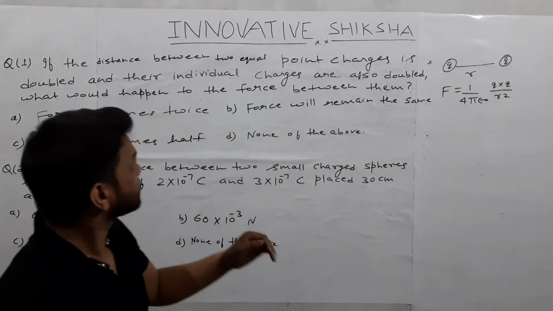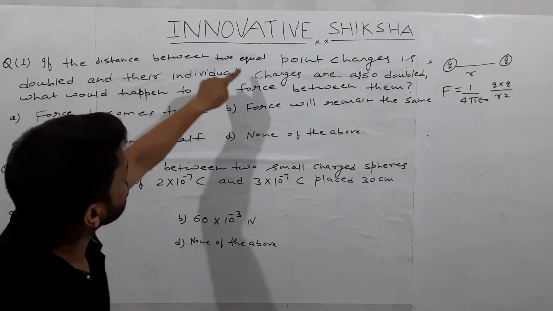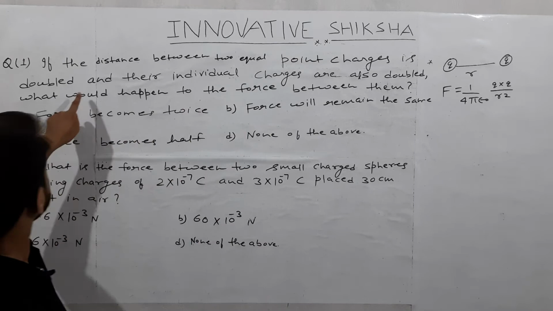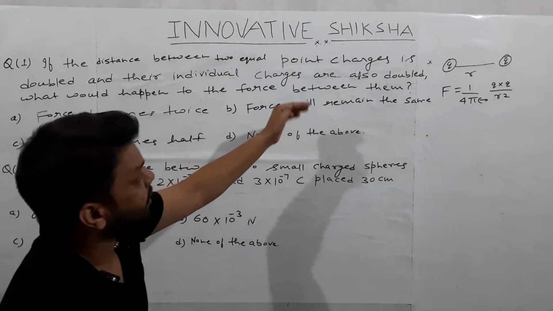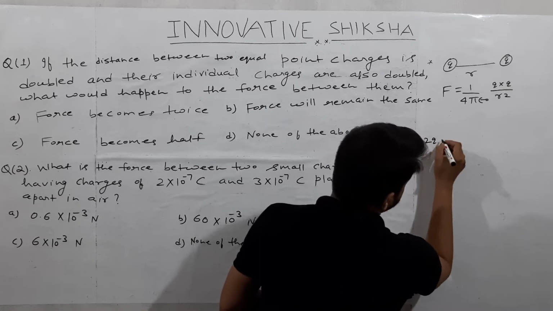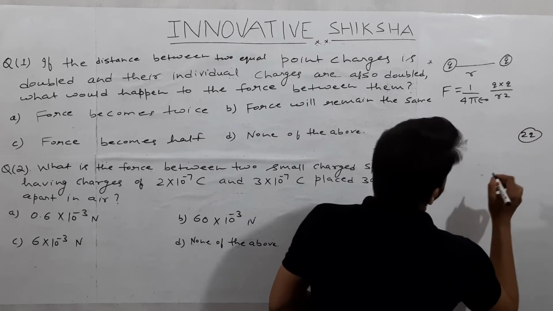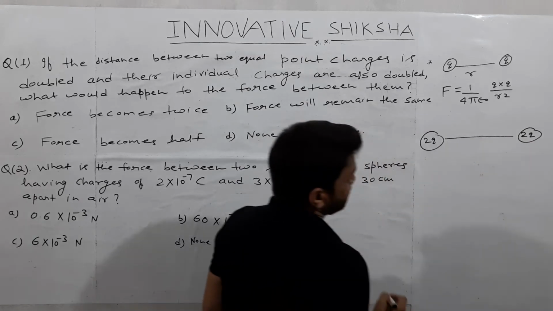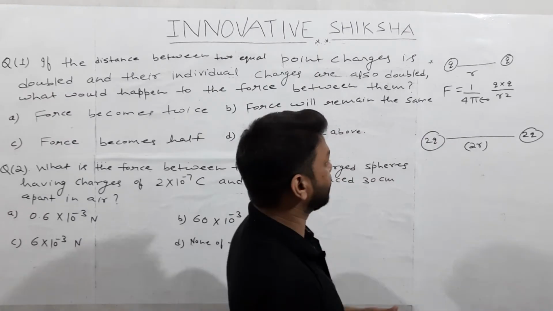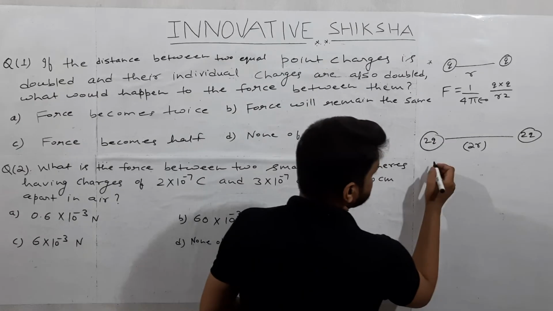And in the next case, what is it saying? It is saying that the distance between the two equal point charges is doubled and their individual charges are also doubled. So in the second case the individual charges become 2q each, and the distance between them is also doubled, so it becomes 2r. Then we have to find the force. Let us apply Coulomb's law.